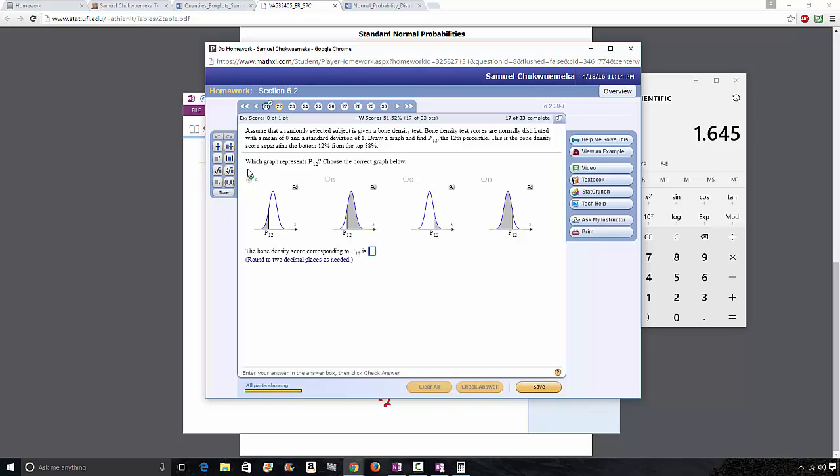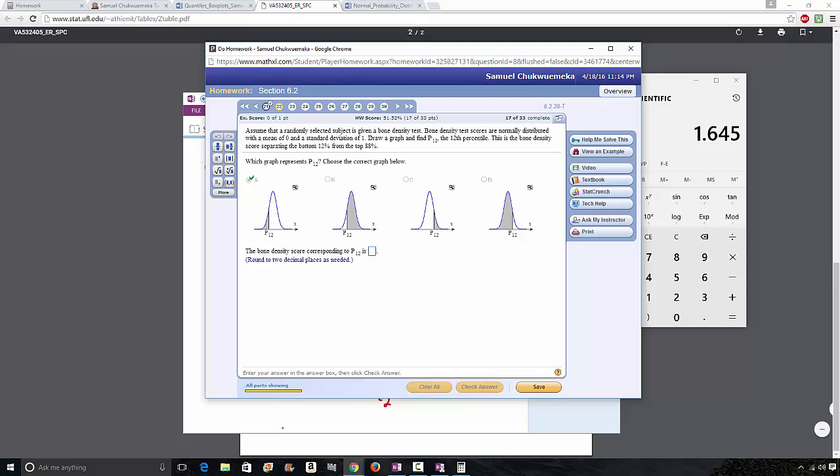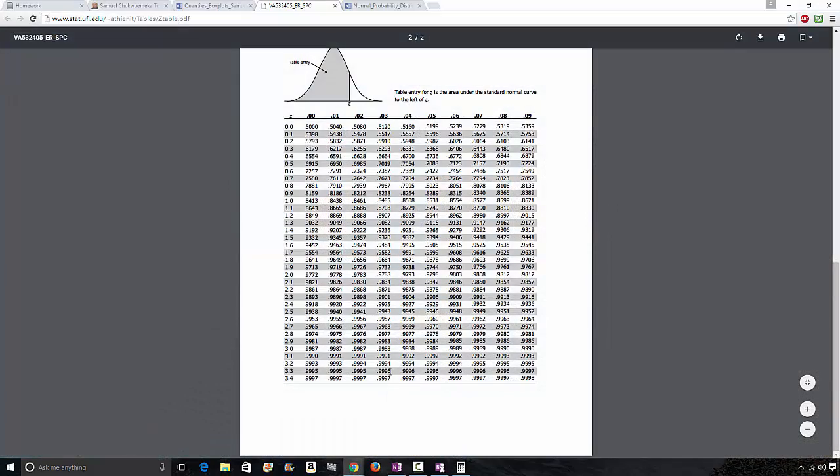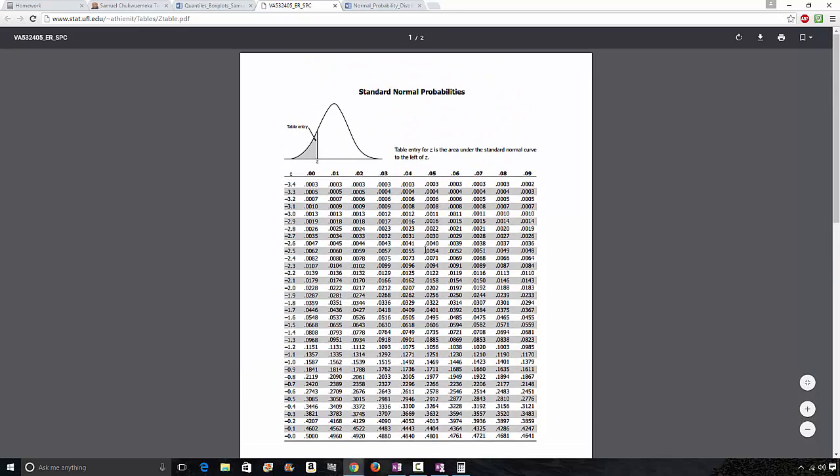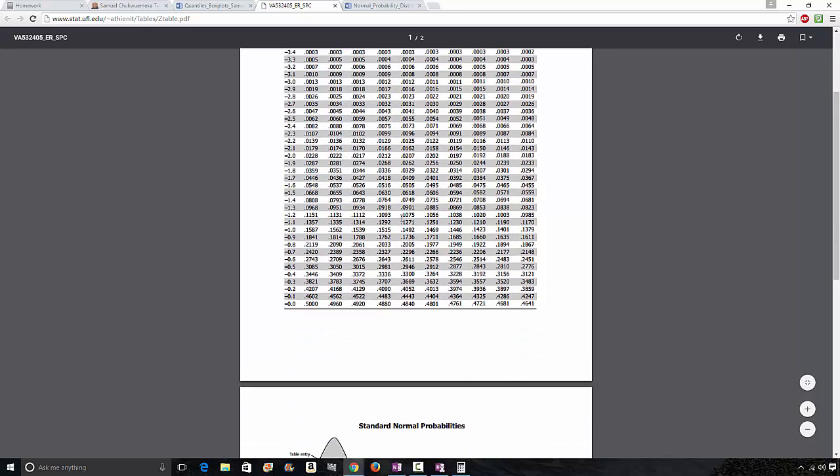Now, we look for 12%, which is 0.12. So we look for 0.1200 in the area. You see, we don't have 0.1200. We do not. But we do have 0.1210 and 0.1190.